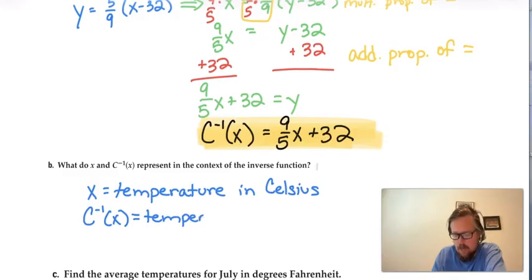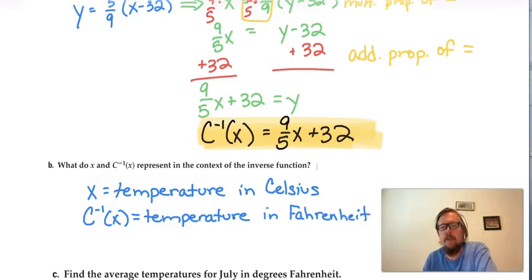So now our equation does the opposite. It was plug in Fahrenheit, get Celsius. The inverse does the opposite thing. Plug in Celsius, get Fahrenheit.